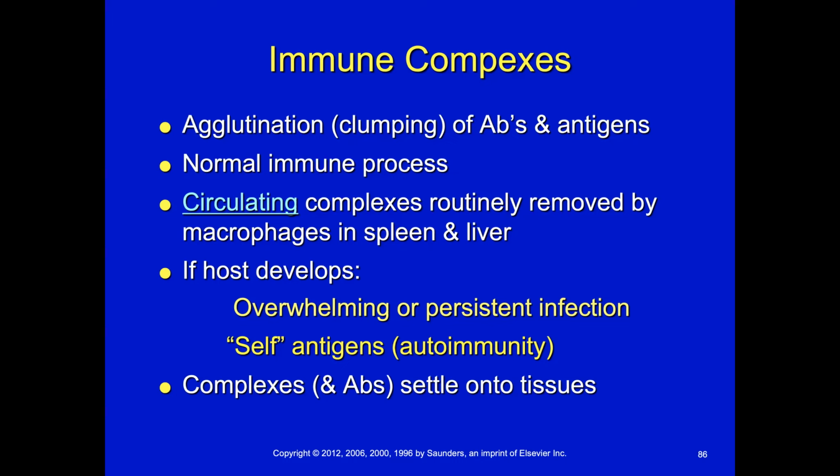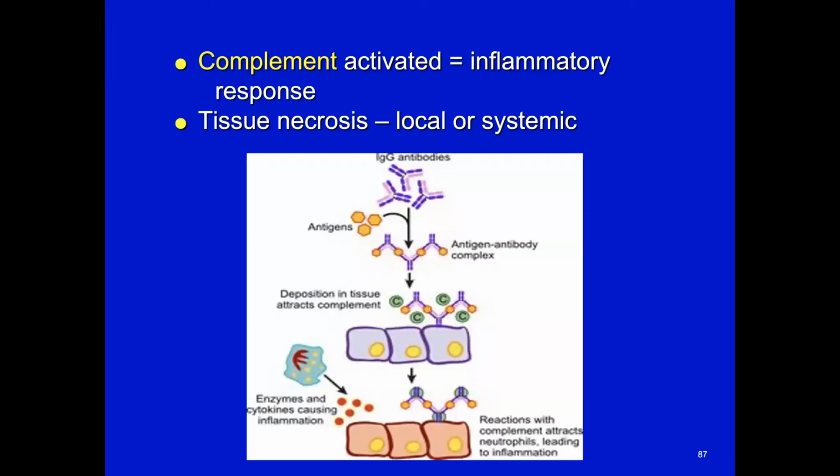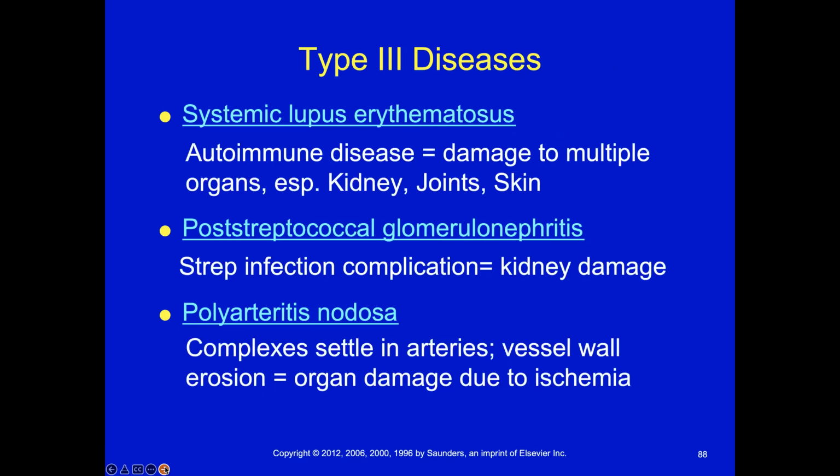As long as these complexes are circulating, they're fine. The minute they settle on tissues, that's where you get tissue damage. You get your typical inflammatory response, complement is activated, and you get the tissue necrosis, which can be local or occur systemically. And this chart just shows the process.